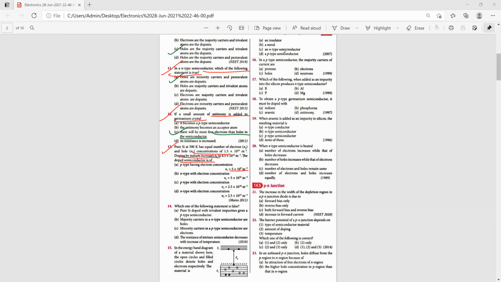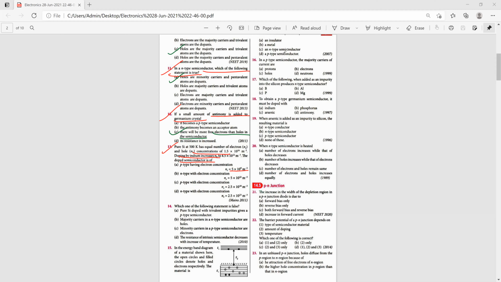N-type with Ne equal to 5 × 10^22. Third one, p-type with Ne equal to 2.5 × 10^10. Fourth one, n-type with Ne equal to 2.5 × 10^23.